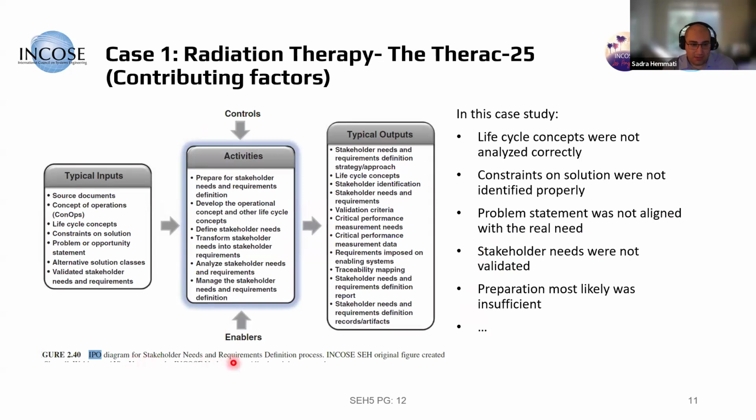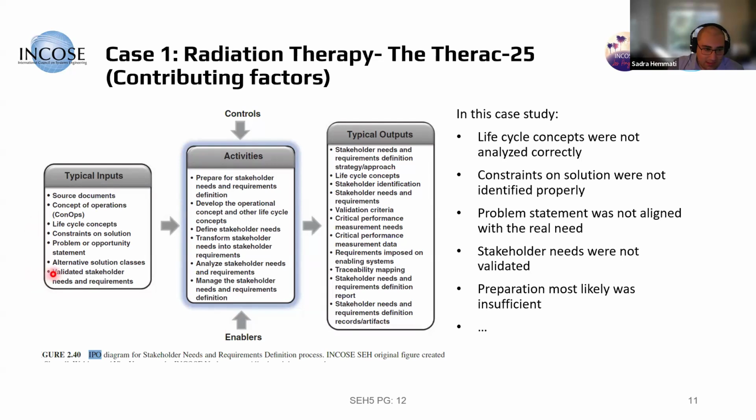For stakeholder needs and requirements definition, their life cycle concepts were not, I mean, this is my conclusion, we can discuss, but I think it's safe to say that they didn't analyze their life cycle concepts correctly.